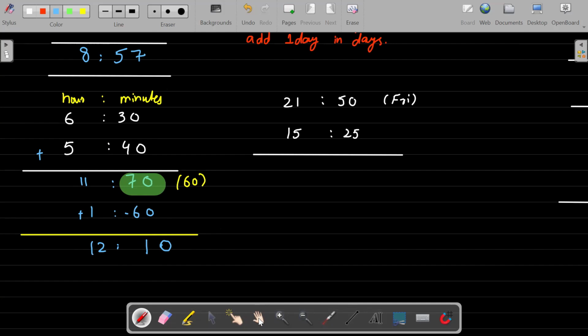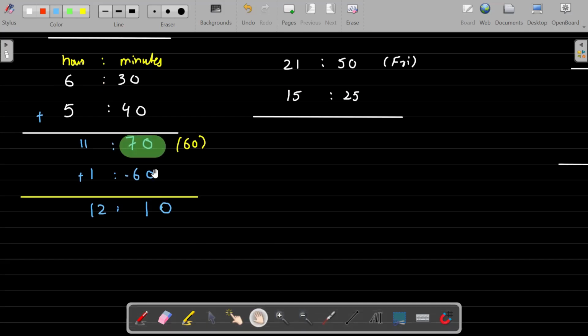Whenever our minutes exceed 60, we are going to do this. In some questions, we have to subtract multiple times, more than one time. We have to do this until our minute section is less than 60.